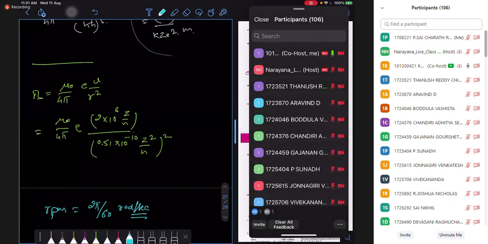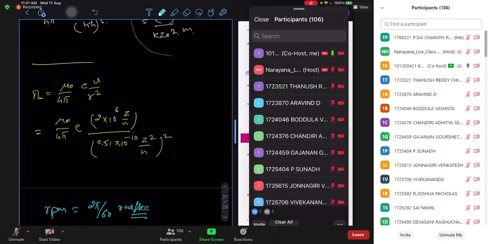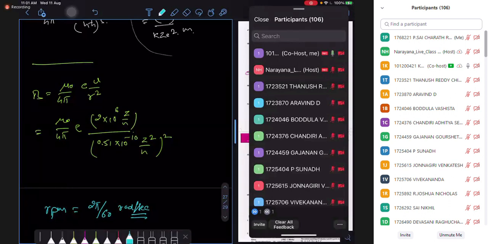I hope you understand this approach, how to deal with this chapter and solve these problems. The only major issue with this chapter is that there is a lot of calculation involved. You need to think slightly in the proportionality sense, and if you get a bit tricky, you can avoid most of the calculations.